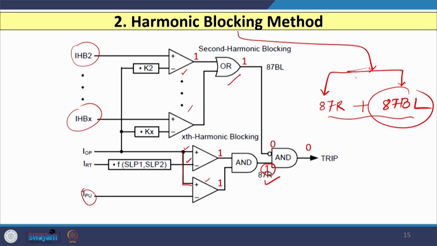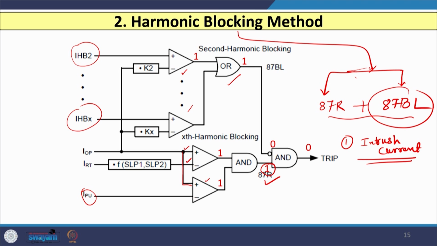Let us assume two conditions. Let us say the first condition is an inrush current. Let us assume that in inrush current, if the percentage of, let us say, second harmonic exceeds 20%, then it is an inrush condition and the relay should not trip.